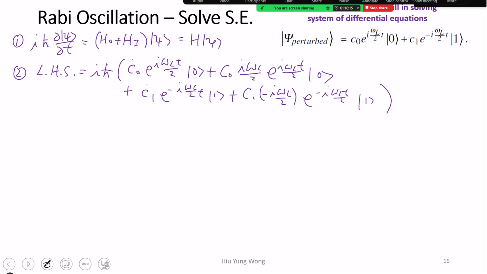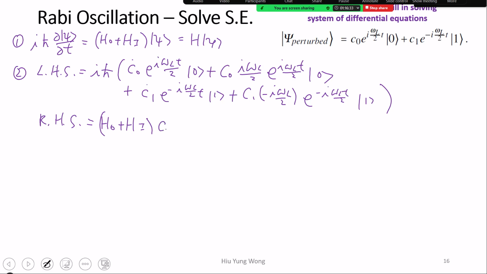So then what? I will do the same thing to the right-hand side before further operation. The right-hand side is just equal to H0 plus HI times the whole thing.